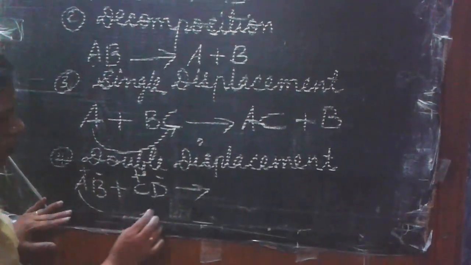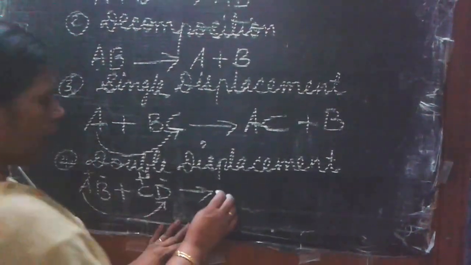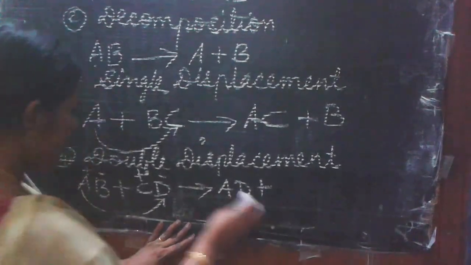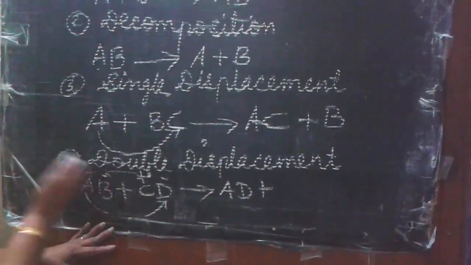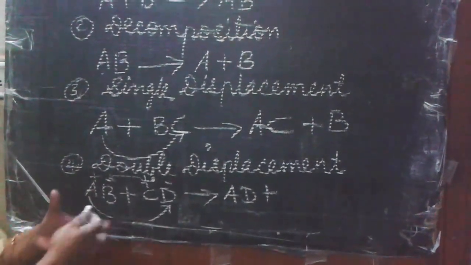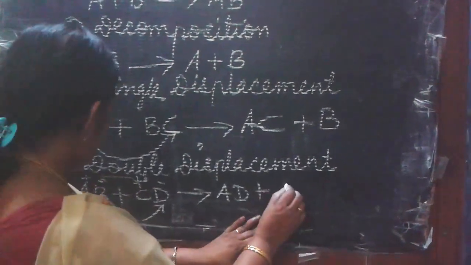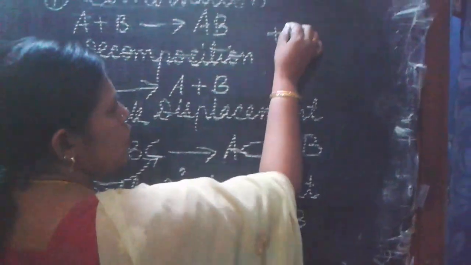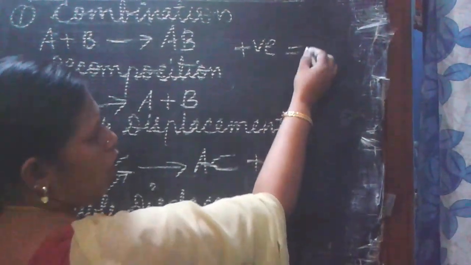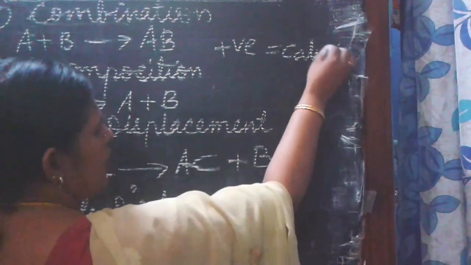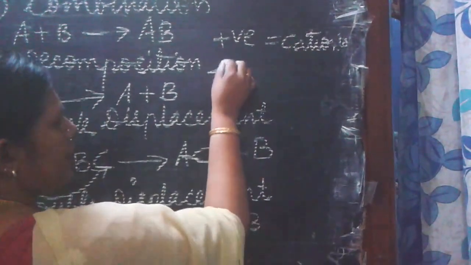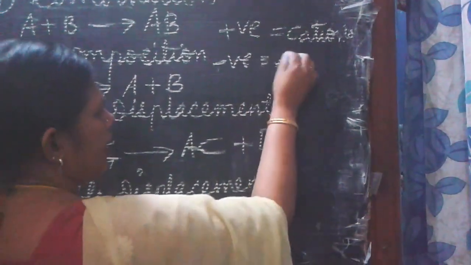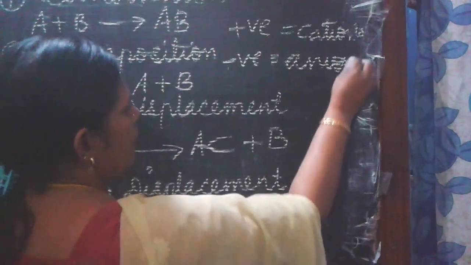So positive will go to the negative and form AD. Then this positive comes here, so both of them are exchanging their places, right? So here CB. Understood? Now here students, the positive ions we call cations, and the negative ions we call anions. Clear students up to here?